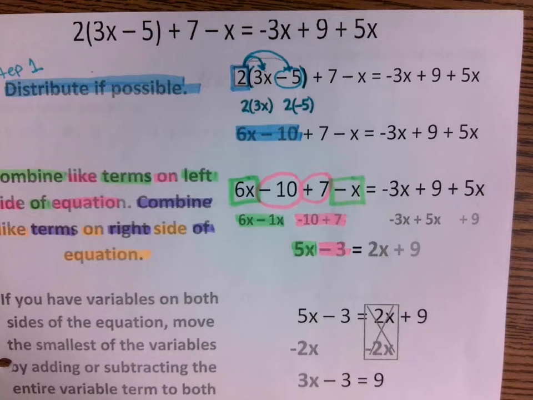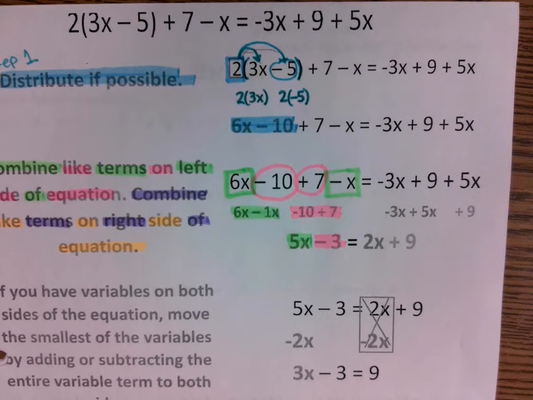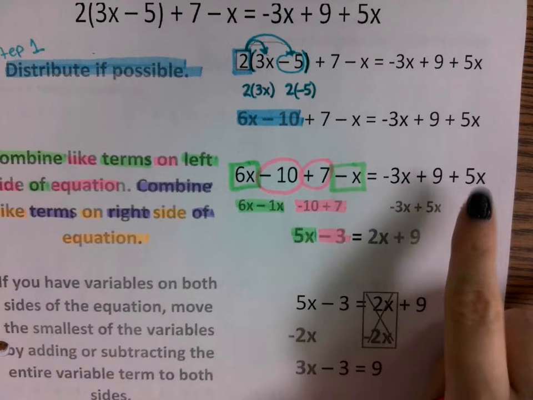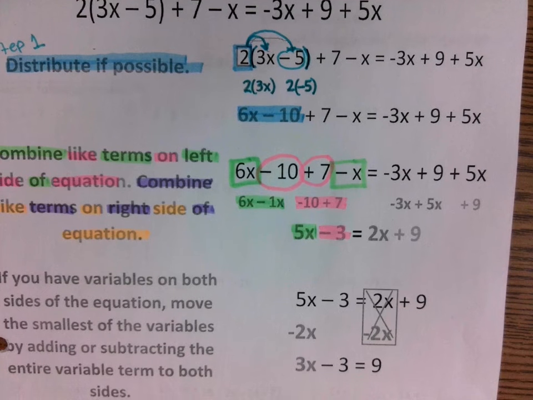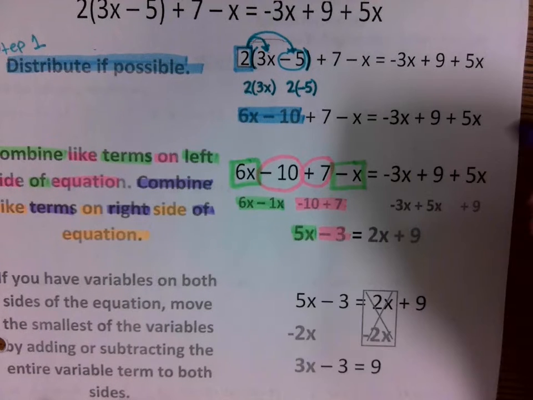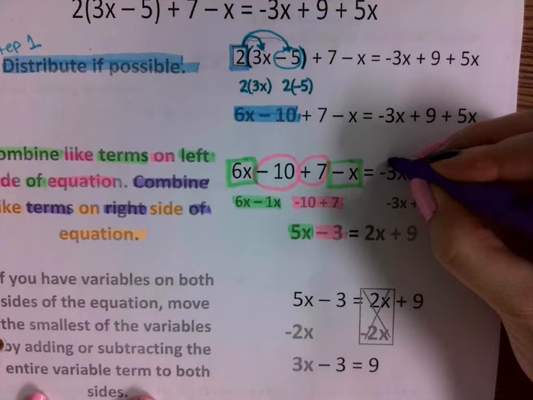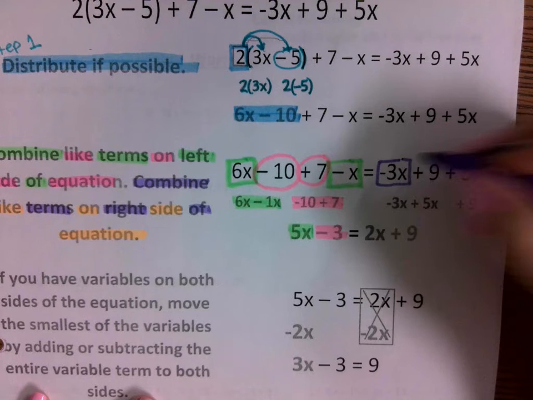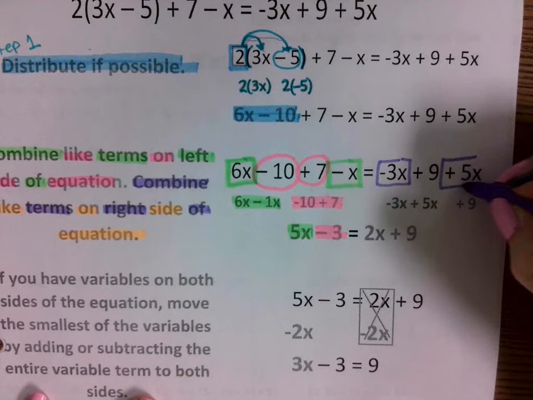Then we do the same on the right side. On the right side of the equation, we're going to go ahead and combine the variable terms that we have. So we happen to have a negative 3x and a positive 5x. So we're going to combine those together.